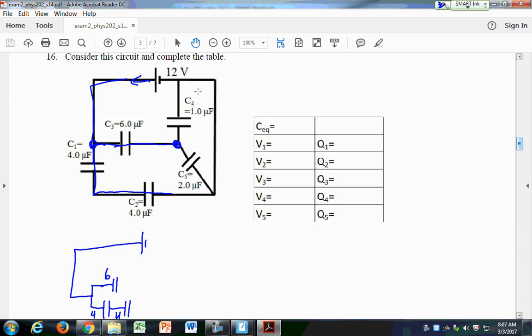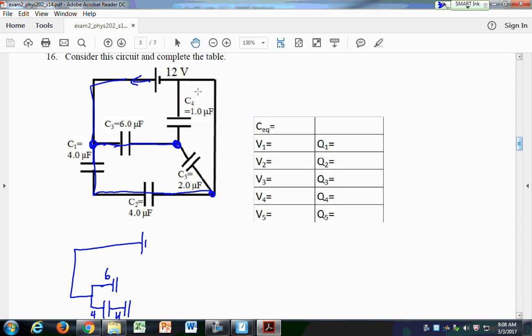Now let's go back to the bottom branch, because when you come to this point you say, gosh, what do I do here? But when you come to a point like this, if you have a clear path with no elements at all back to the battery, you take it, because that's what the electrons are going to do. They're going to take that path directly back to the battery, and you can effectively think of this as the closing point of that branch.